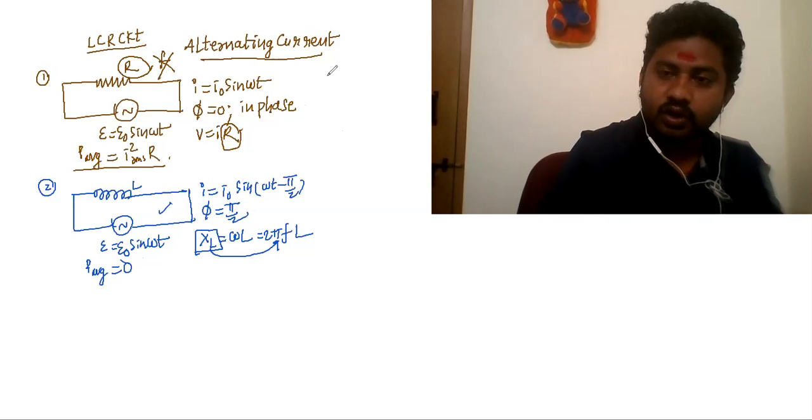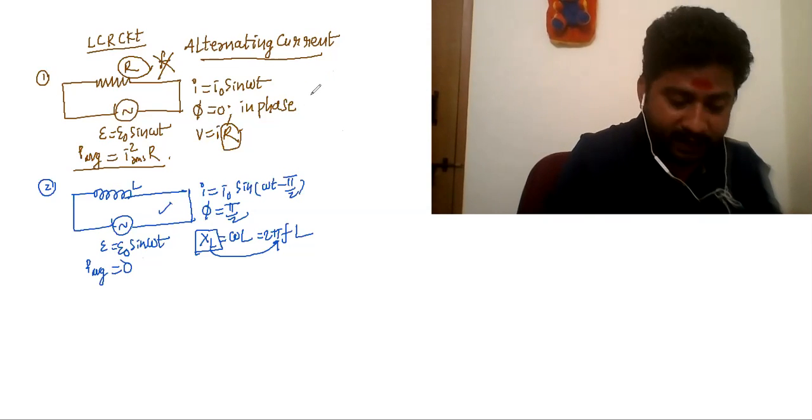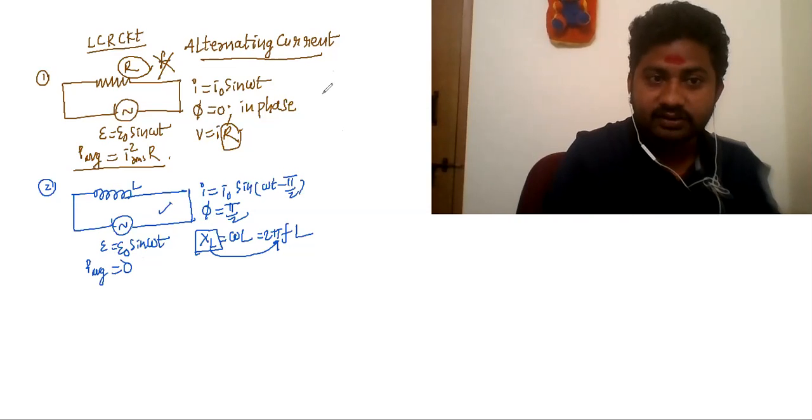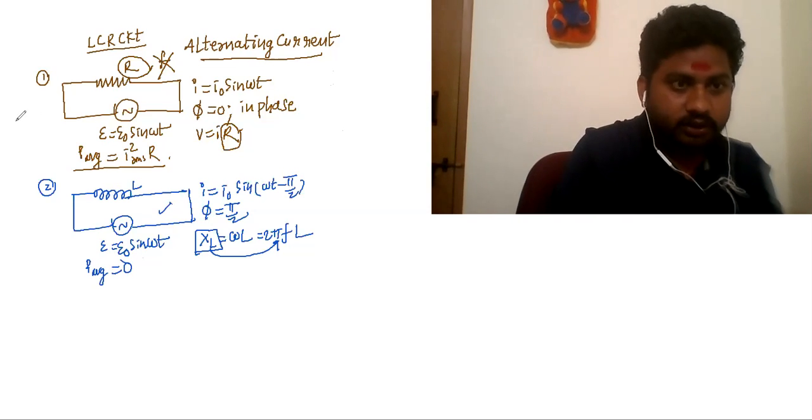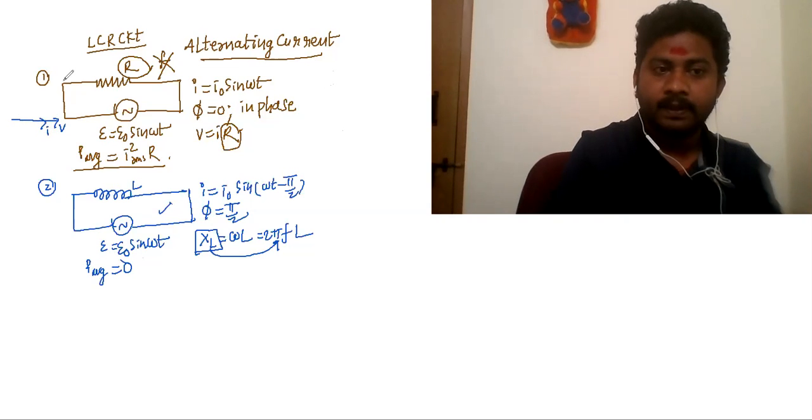Let's draw the phasor diagrams also for your better understanding. In the first situation, so let me draw here without any confusion, this is the voltage and this is I. The phase angle is 0, both are in phase.